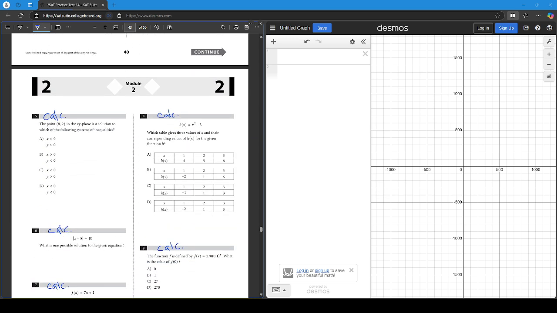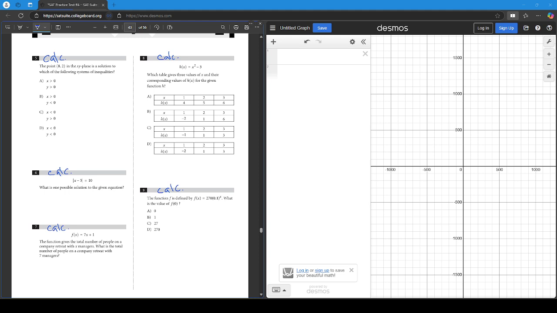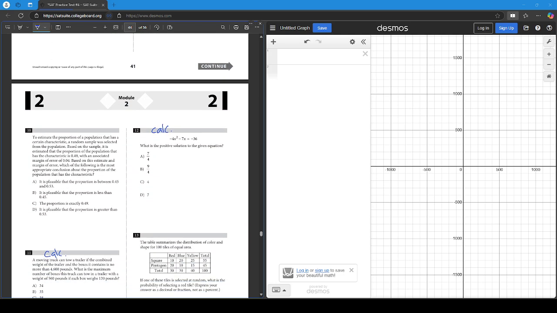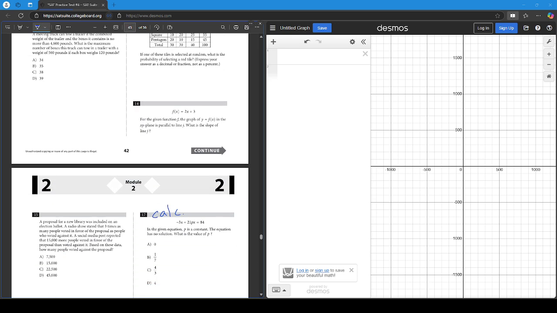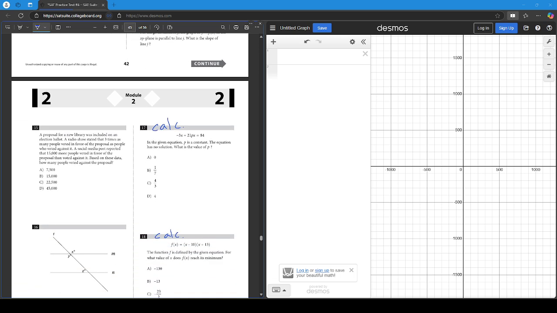On page 41, questions 5, 6, 7, 8, and 9. The whole page you can use the Desmos graphing calculator to help you answer those questions. Then page 42, we have questions 11 and 12. 11 sort of.